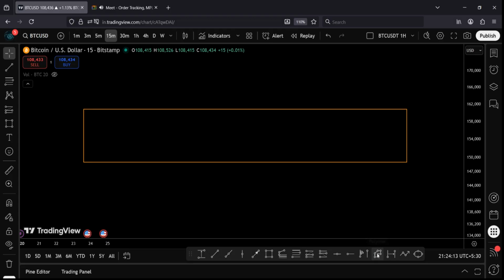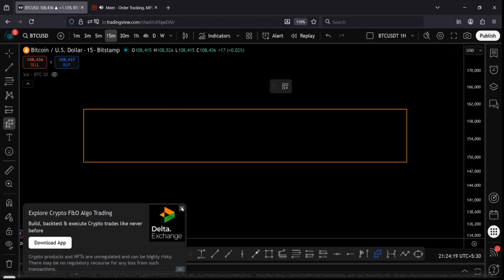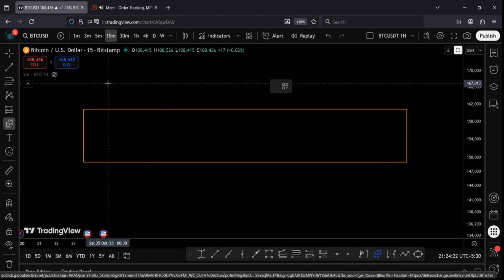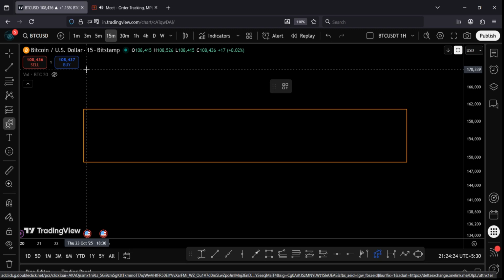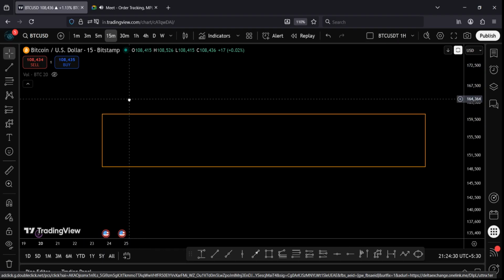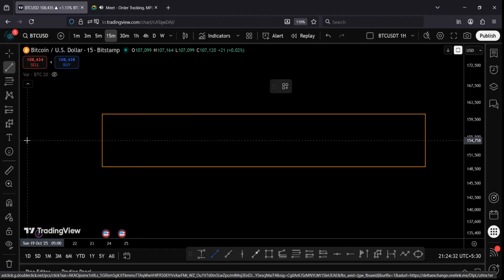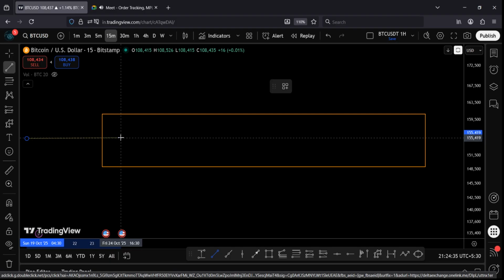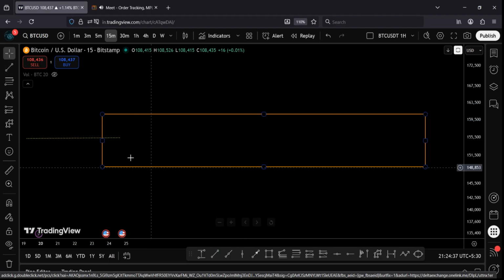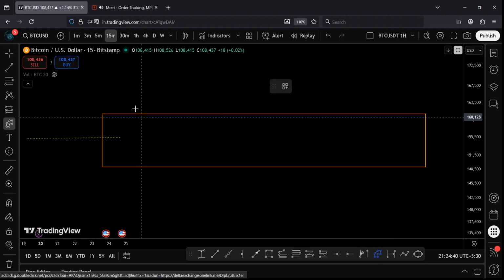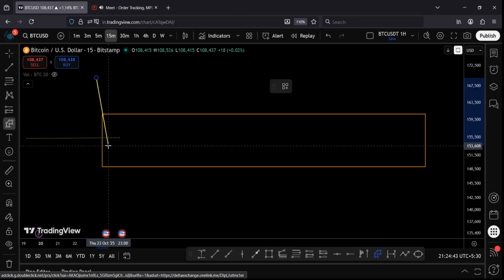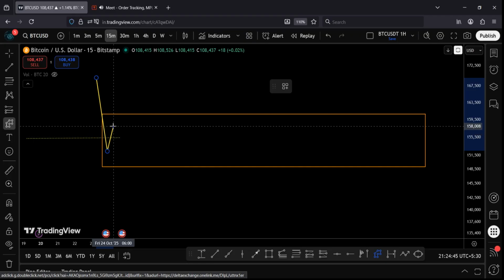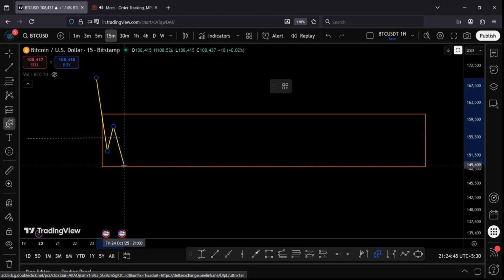So the first move we have learned is the schema of minor and major FTRs. What happens like this? Think like this: if there is a level in the past, the price comes down like this, crosses this, goes up, then comes down, then goes up, and then comes down.